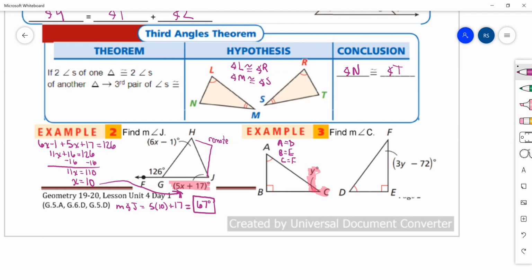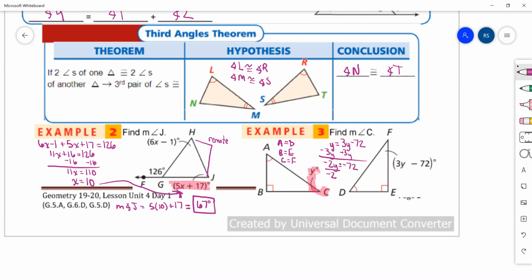So let's set up an equation that says that y equals 3y minus 72. Subtract my y over, so minus 3y. It's going to be negative 2y equals negative 72.